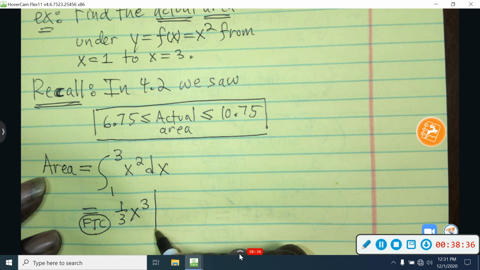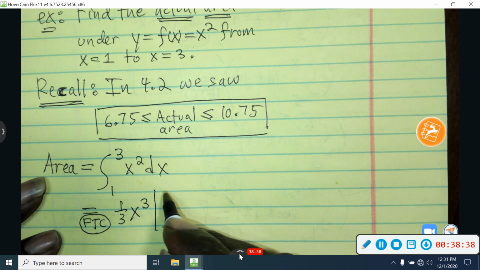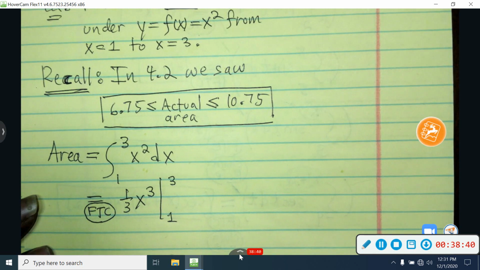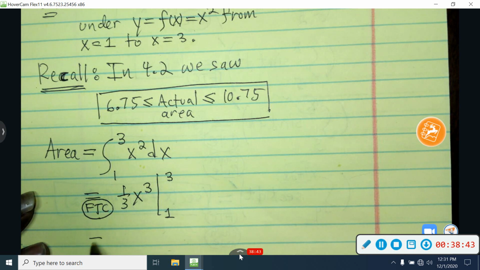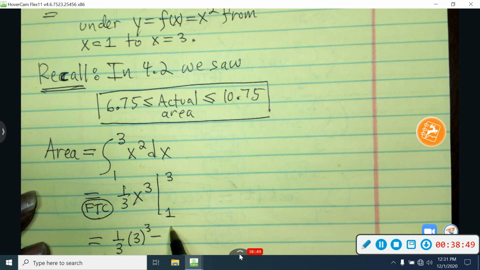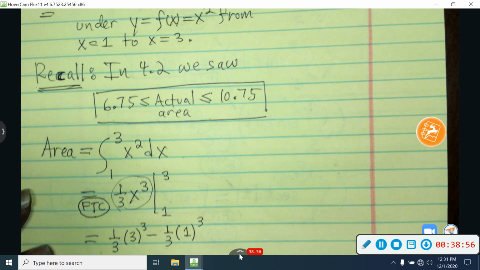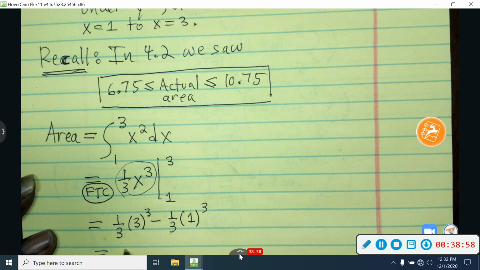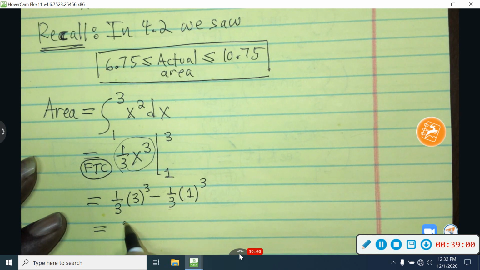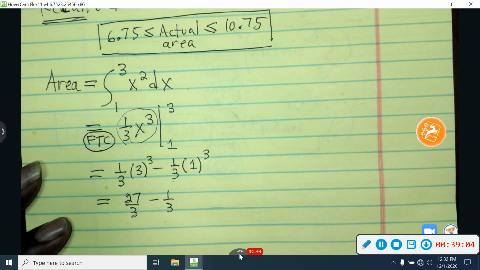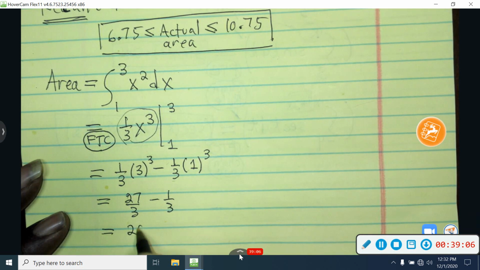Now we put a bar here saying we're going to prepare to put the 1 and the 3 in and subtract. So remember, put the 3 in. Remember who goes in first? The b goes in first, that's 3, minus the a going in, that's 1, into your function right here. Work it out. That's 27 over 3 minus 1 over 3, and that is 26 over 3.